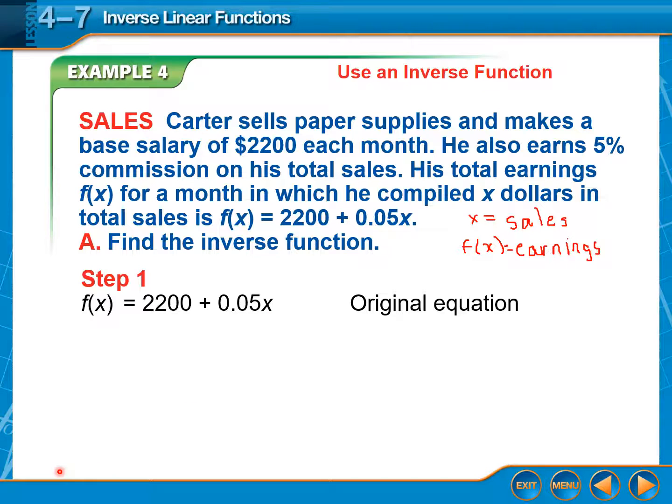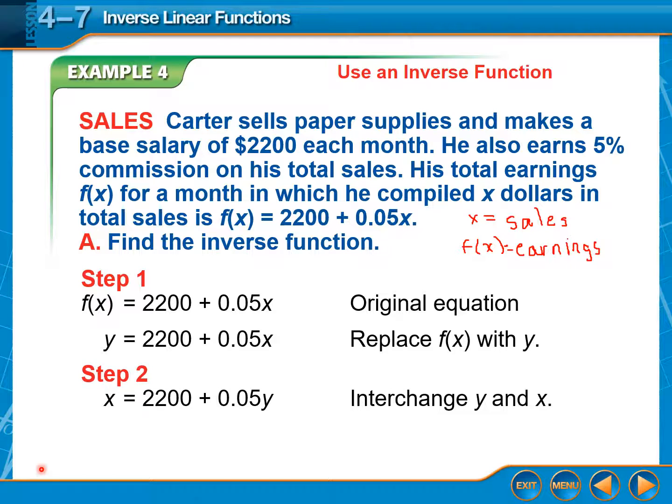We're going to replace f of x with the variable y. So y equals 2,200 plus 0.05x. We switch the location of x and y in the equation. So x is now equal to 2,200 plus 0.05y.